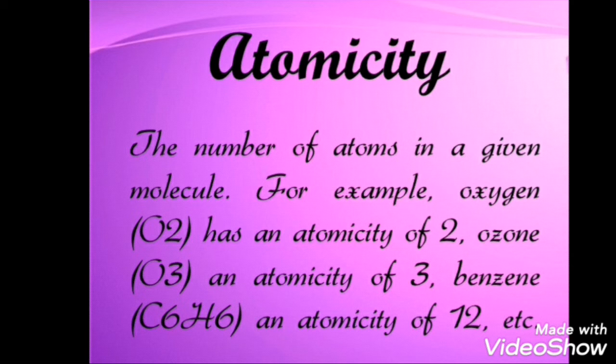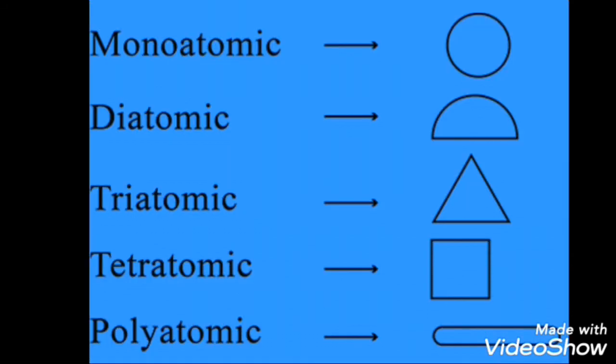Ozone, O3, is the molecular formula which represents 3 atoms in ozone. The atomicity of ozone is 3. C6H6 is the molecular formula for benzene, which has 6 plus 6, 12 atoms. So the atomicity of benzene is 12.